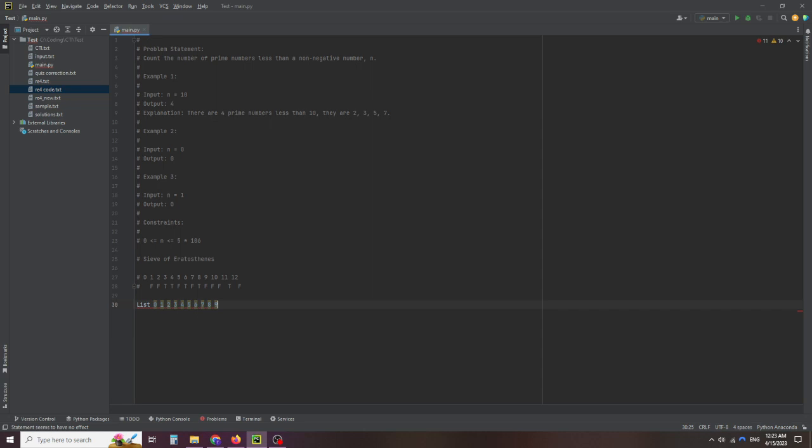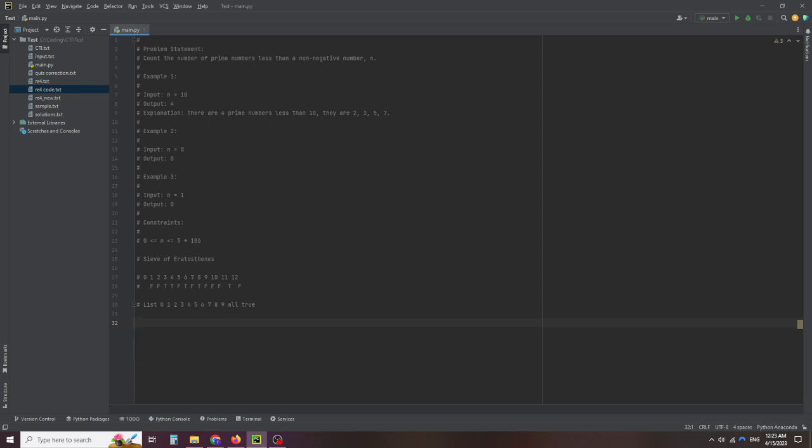To start off with the problem, I'll make them all true first, and then the method will go on to mark these using the sieve of Eratosthenes.